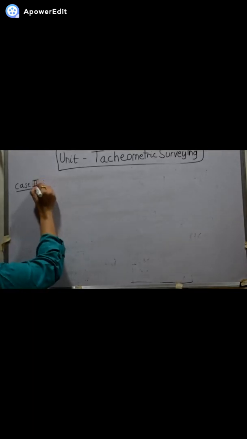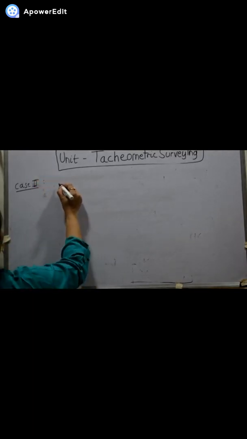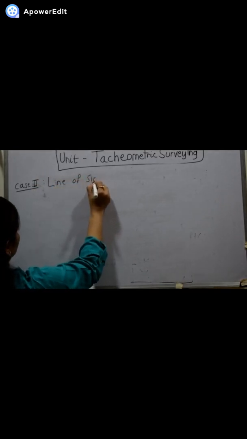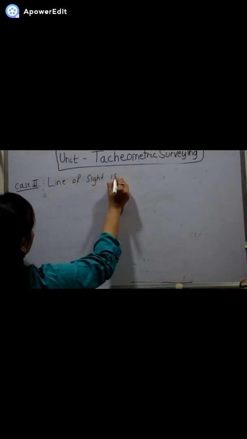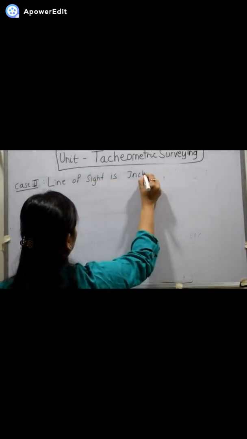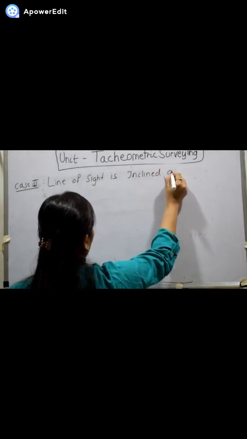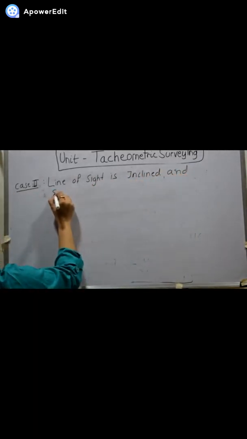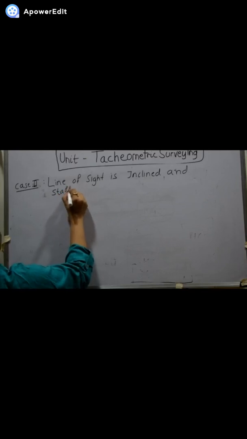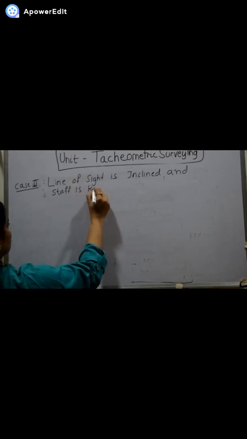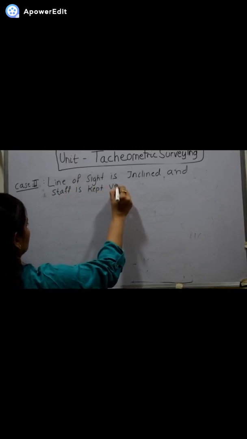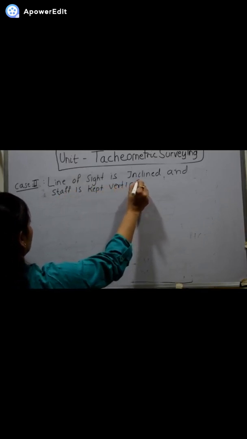In case 2, the line of sight is inclined and the staff is kept vertical.